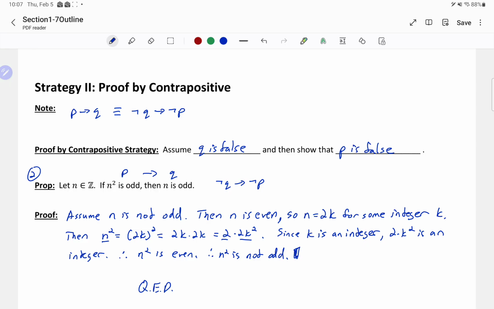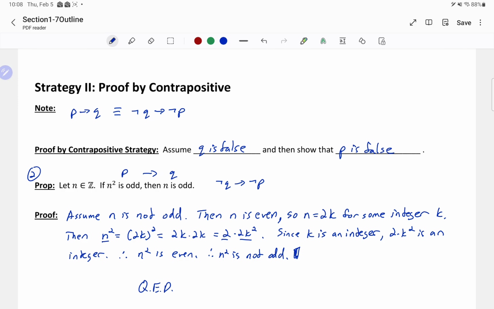How does that prove that n squared is odd though? Or sorry, how does it prove the original? I proved the contrapositive. The contrapositive is equivalent to the conditional statement.